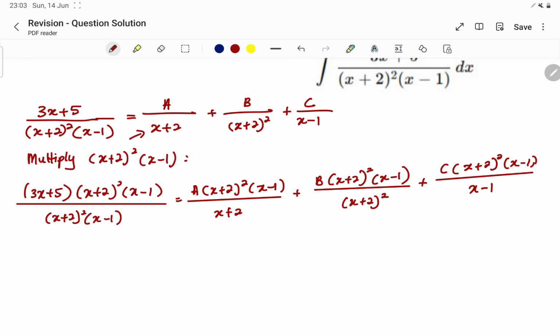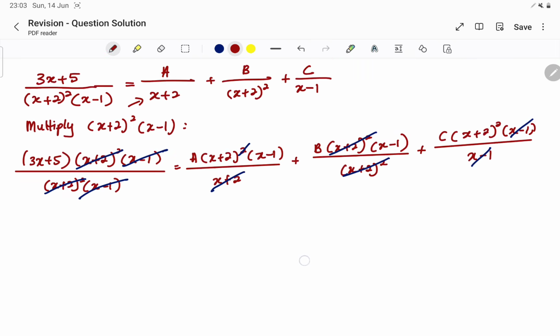From here, we have to divide properly each of the factors that can be divided, so we can cross like this. This one also can cross.